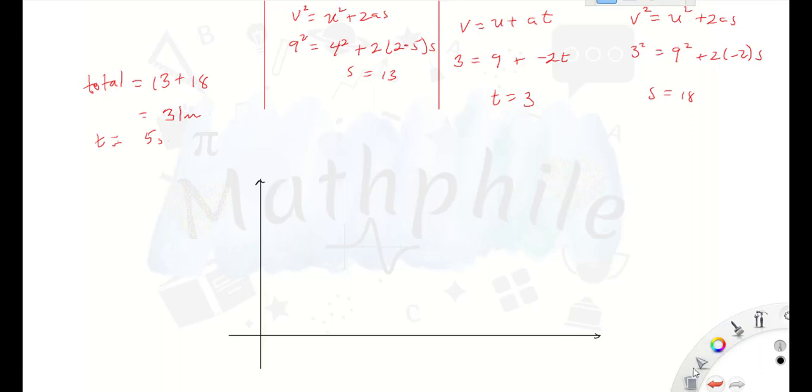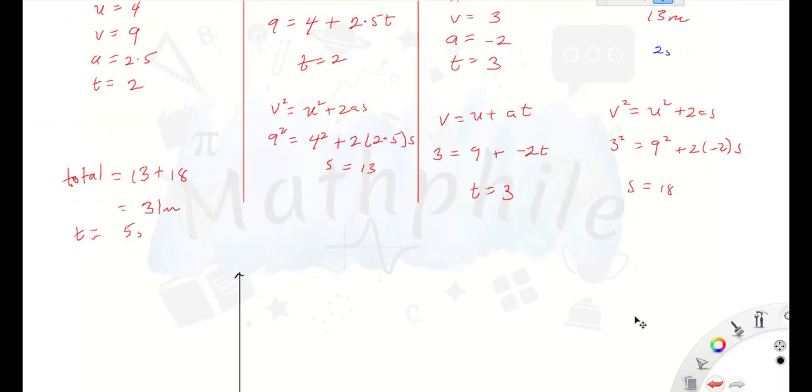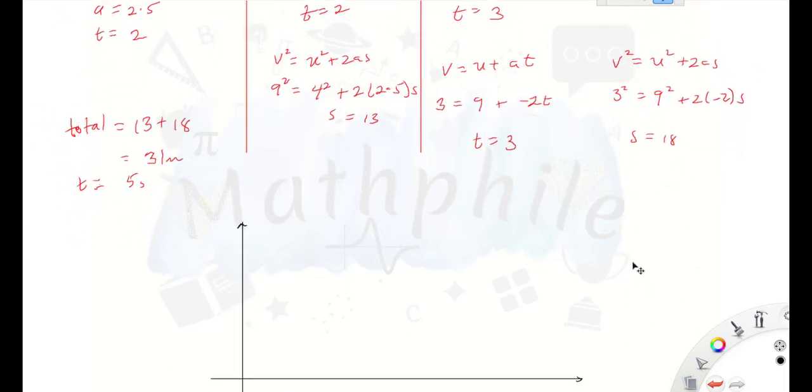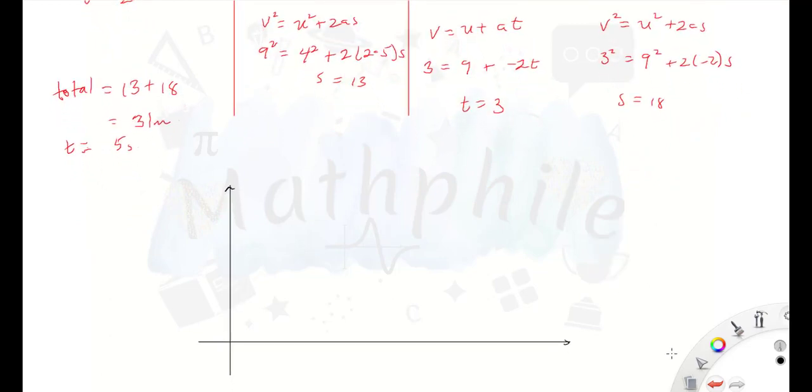Okay, so the first case, the initial velocity is 4, the final velocity is 9, and it took us 2 seconds. Let me just do this one.